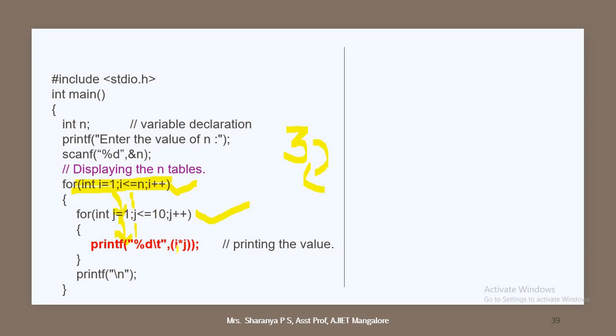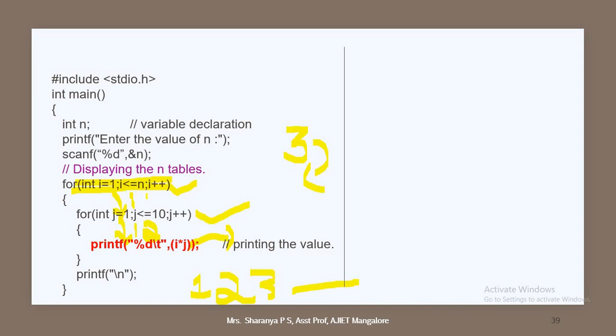The value I into j is calculated and printed onto the screen. So what will be the value the first time? It will print 1. The next time j is incremented, so it is 2, and 1 into 2 gives 2, printed like this, 1, 2, 3 and so on till 10.